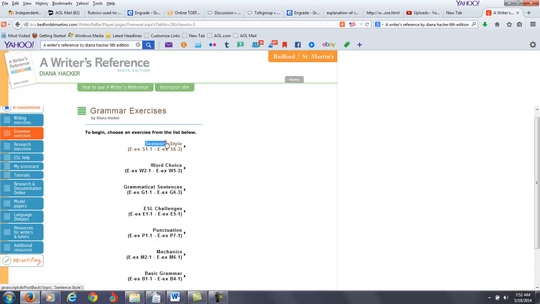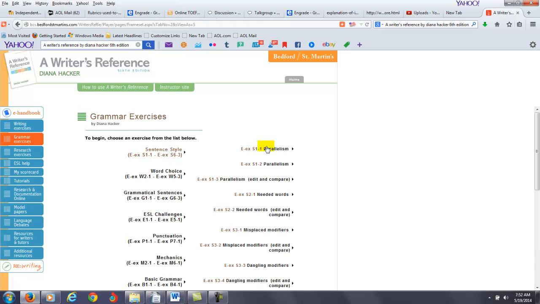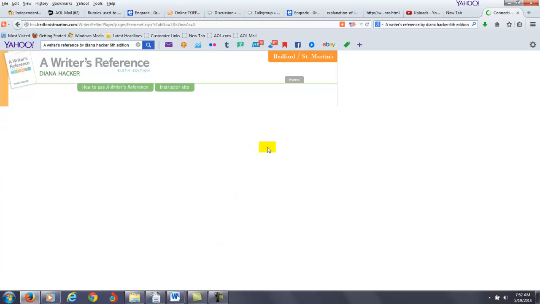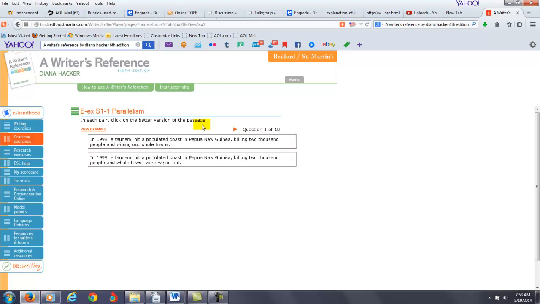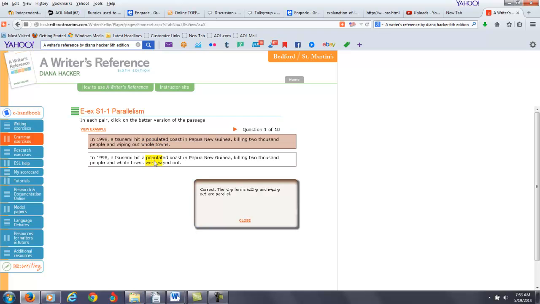Now, when you do them, for example, let's say you do sentence style and you do parallelism. You had a lot of problems with parallelism in your writing, right? So here's what I recommend. Once you do one of these exercises and you figure out which one is the right answer, I would also practice writing the sentence down as the correct answer.